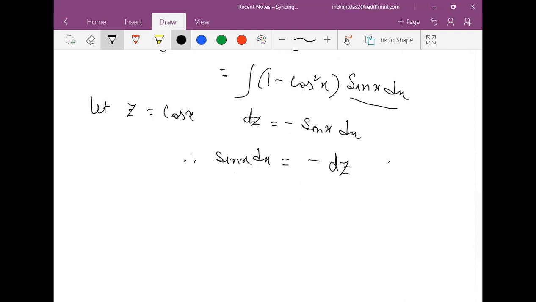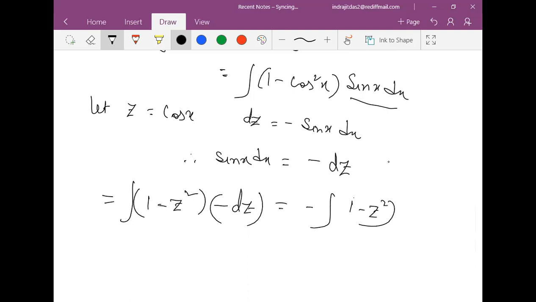So now come back to the problem and you are getting the question as 1 minus z square, where z is cos x, times minus dz because this sine x dx is minus dz. So you take the minus sign outside, it will become minus integral of 1 minus z square dz. So now integrate: integration of 1 with respect to z is z.